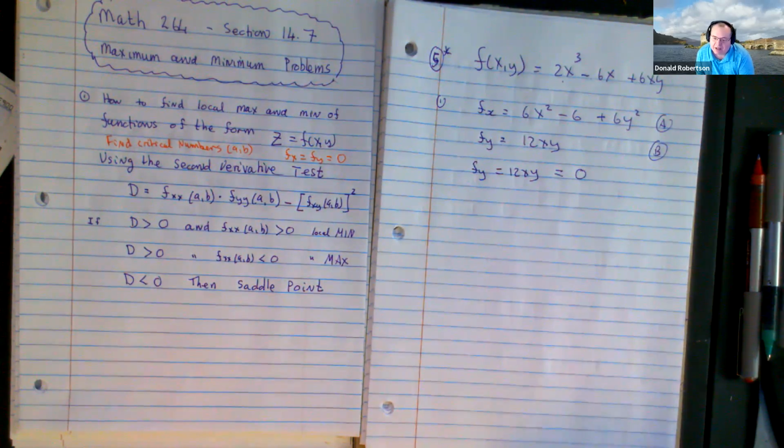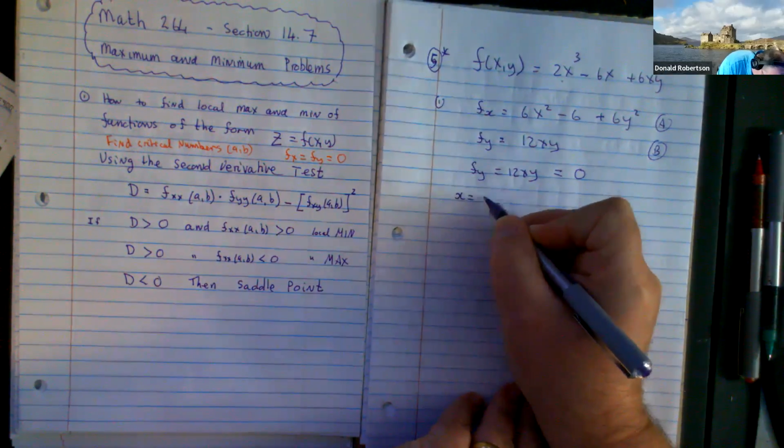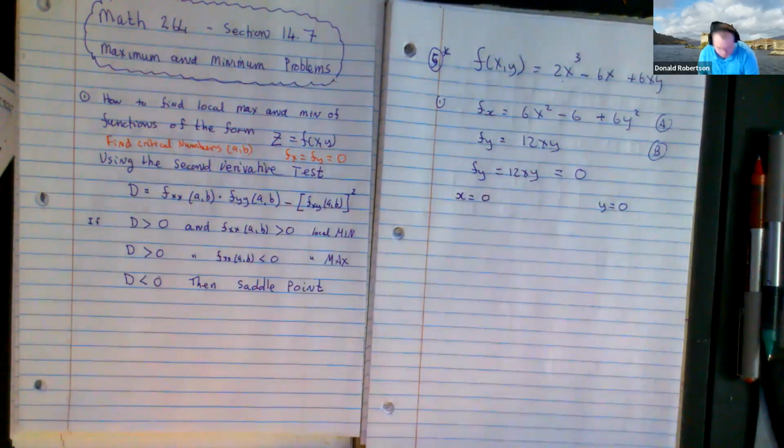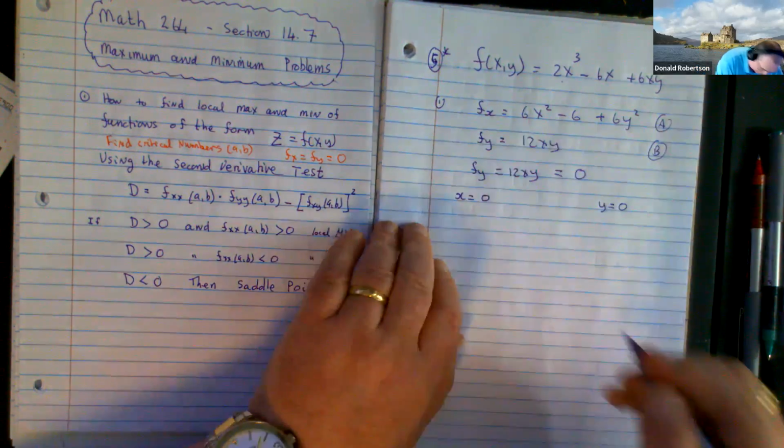Can anybody tell me any value of x and or value of y that would make 12xy 0? And don't overthink it. 0. So one possible solution could be x equals 0. Another one could be y equals 0, right? I guess both equal 0 is also true. Now, if x is equal to 0 and I plug it into A, right?